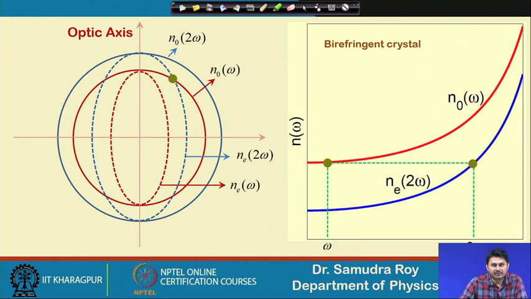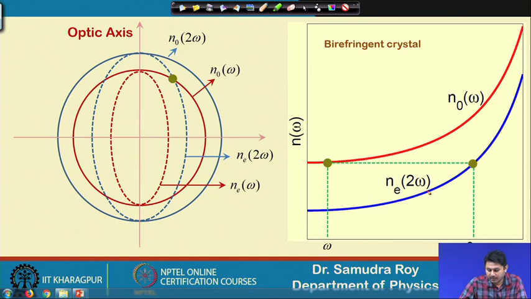This is a very important picture of a birefringent crystal, where we plot n of omega and n of 2 omega for the ordinary and extraordinary wave. This is n of omega of the ordinary wave, and the blue one is n_e, the refractive index of the extraordinary wave, launched for 2 omega.